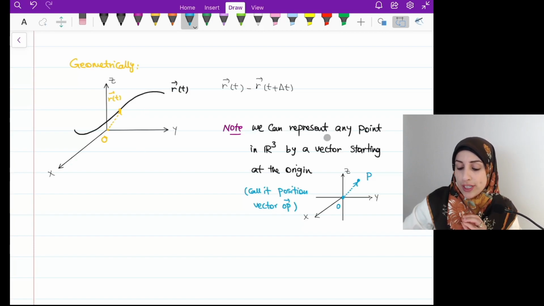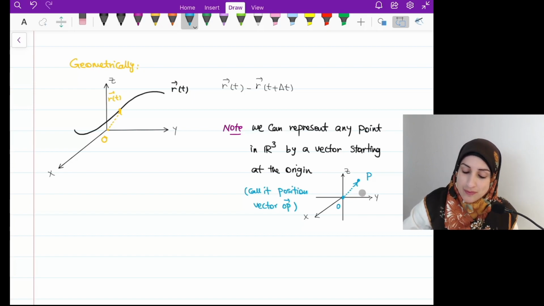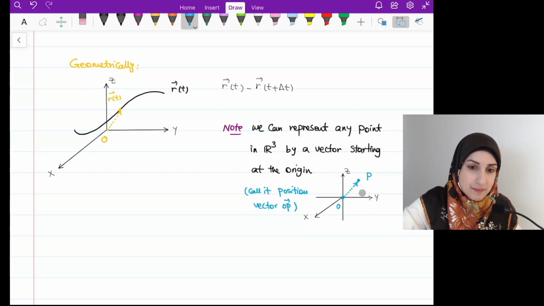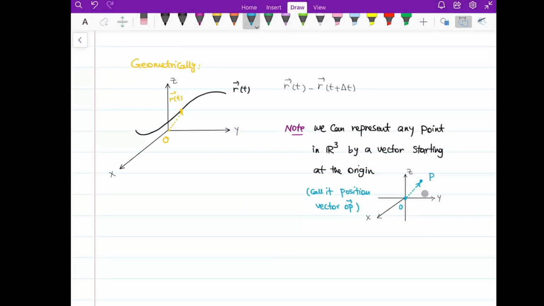So for any point, I can represent it by a vector where the vector starts at the origin. And so at the time t we are here, and as t passes, at the time t plus delta t, we are here, and I'm going to make a vector like this. And then r of t minus r of t plus delta t would be this vector.